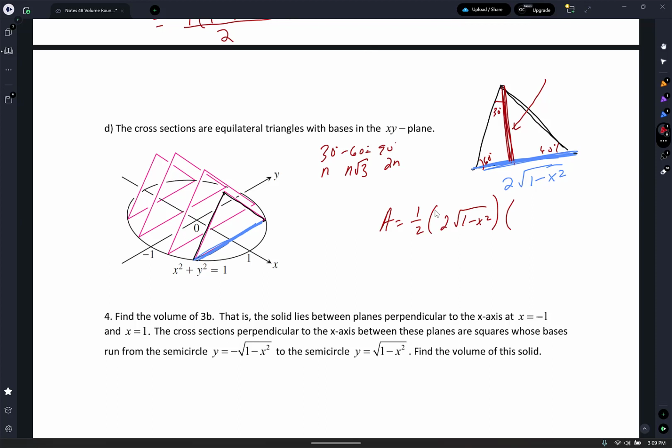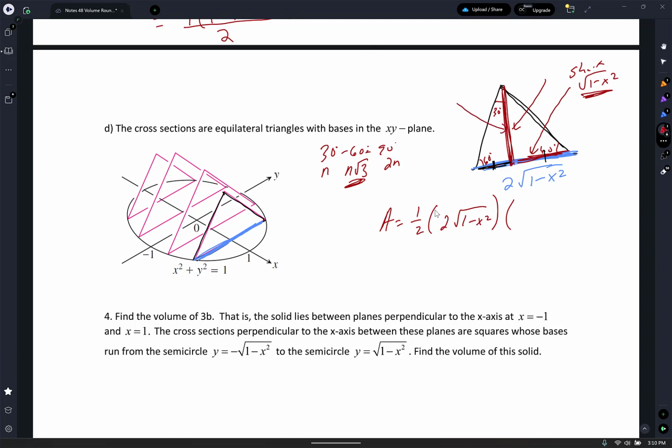It's easy to find your short leg because the short leg is just half. It's supposed to be cut right to the middle, so this distance is supposed to be the same as this distance. But I didn't draw mine perfect. I'm sorry. So the short leg is just half: square root of 1 minus x squared. And whatever that is, I multiply by what to get the height?